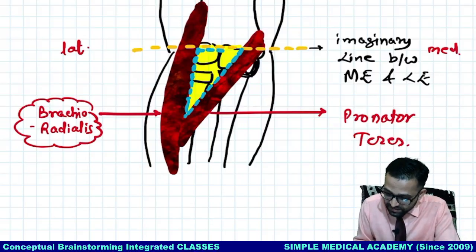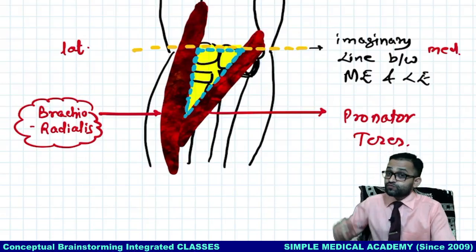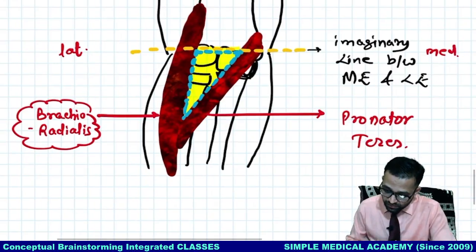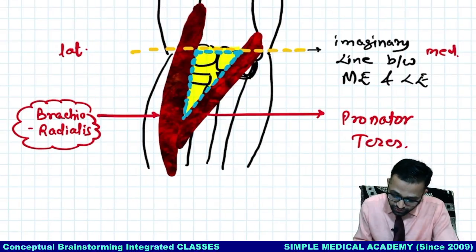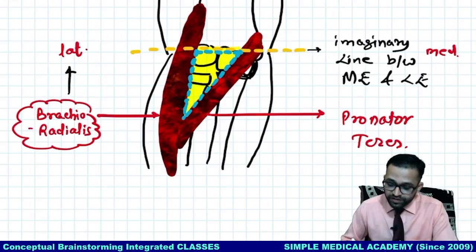And here you can see the base of this triangle, which is formed by the imaginary line passing between the medial and lateral epicondyle. Okay, so the brachioradialis is making the lateral boundary.